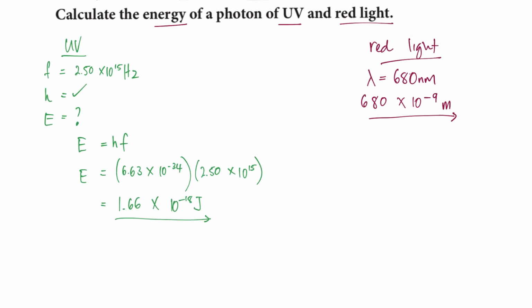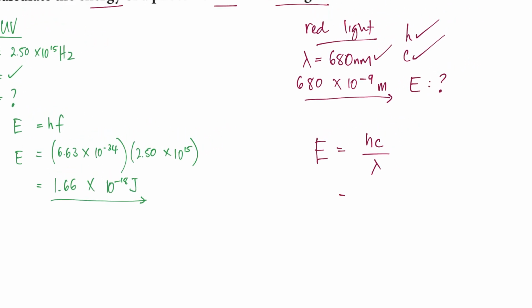So of the information, I've got E is equal to hc over lambda. I've got lambda. h is a constant, so I've got that. c is a constant, so I've got that. And E is what I'm looking for. So all I've got to do is substitute that in. I've got 6.63 times 10 to the power of negative 34 multiplied by c, which is 3 times 10 to the power of 8, all of that over 680 times 10 to the power of negative 9.